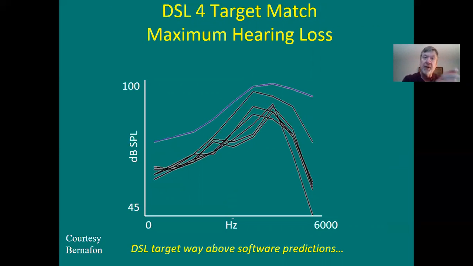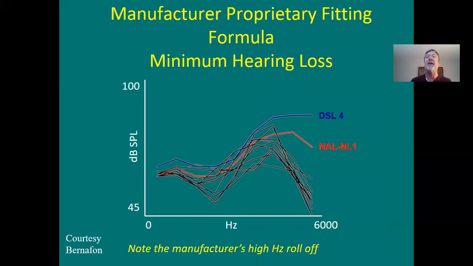Now we'll jump over to the second thing that was also covered in the Sanders and Studi article. What do their proprietary fitting methods look like? So here's DSL4, here's NAL1, and look at how the proprietary fitting methods just knock off those highs completely.